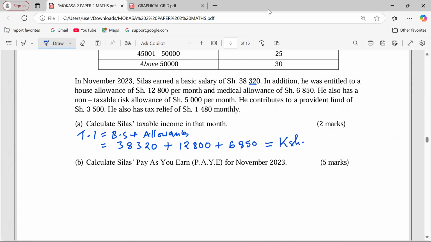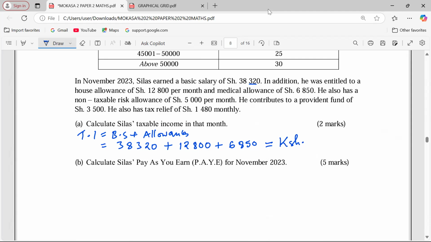Remember, even though he enjoys a risk allowance, that risk allowance is non-taxable. So it is not included in the tax, it will not be taxed, so it is not part of the taxable income.